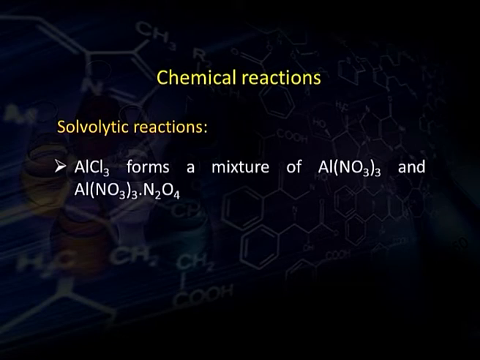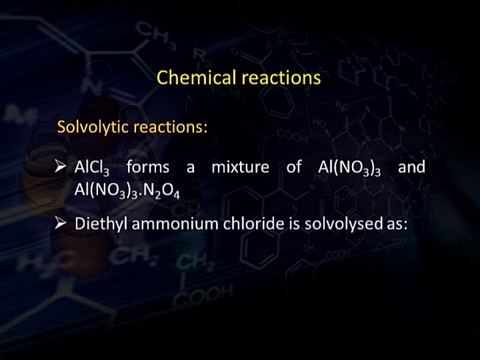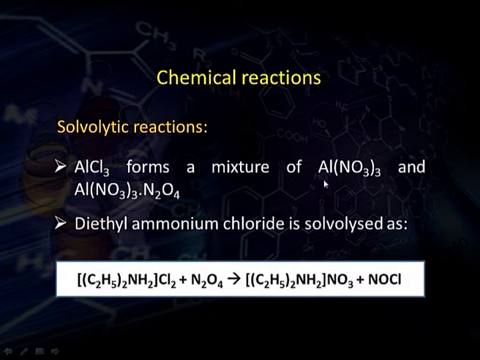Aluminium chloride on solvolysis forms a mixture of aluminium nitrate and aluminium nitrate dot N2O4. Diethyl ammonium chloride on solvolysis, that is on reaction with N2O4, gives diethyl ammonium nitrate plus NOCl.